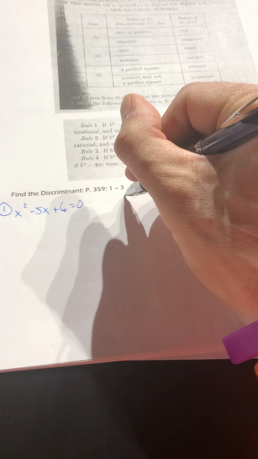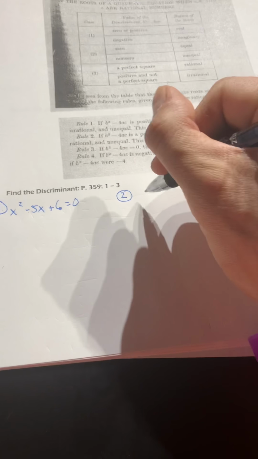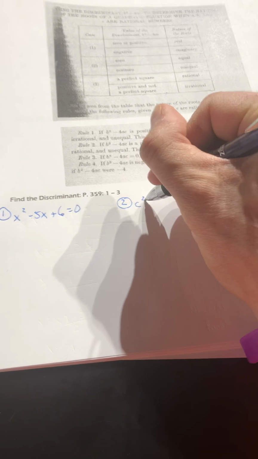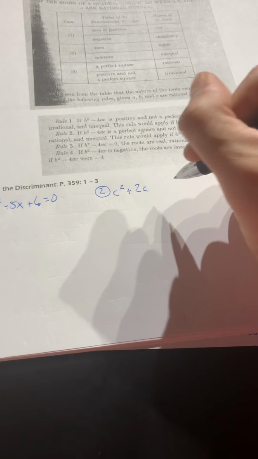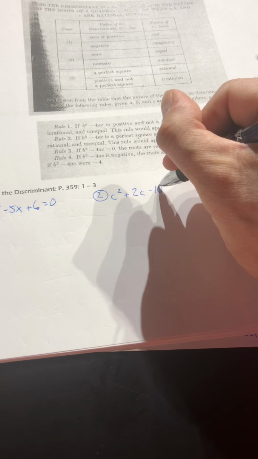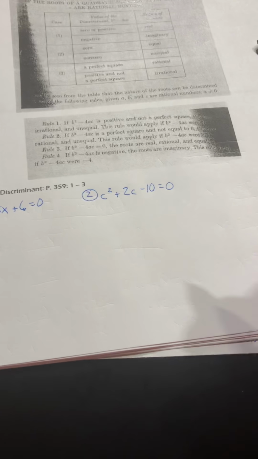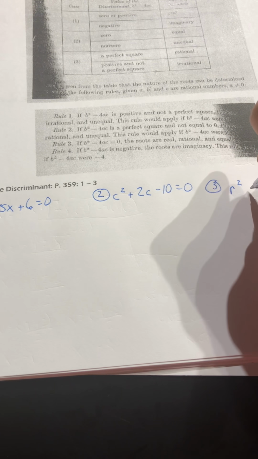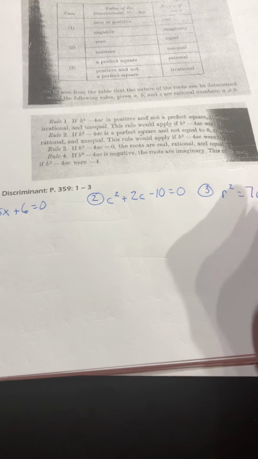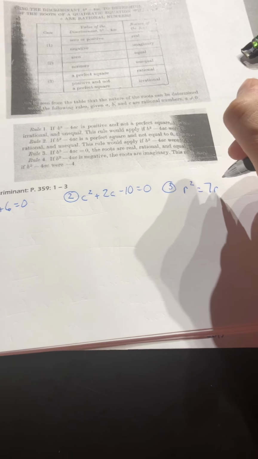The second equation is c squared plus 2c minus 10 is equal to 0. And the third one is r squared, which equals 7r plus 5.